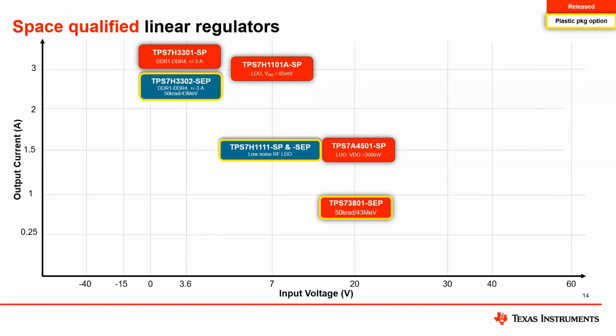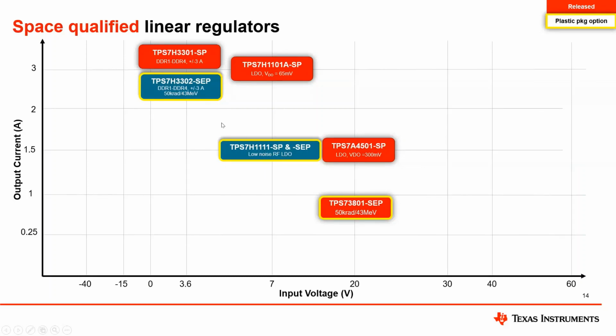With that, we'll touch on some of our space qualified linear regulators. Everything I talked about just a second ago, our high current switching or buck converters, are all released devices that have been out in the market for at least a little while. Everything in red today is fully released, but I also want to talk about two new devices that we just recently put on TI.com.